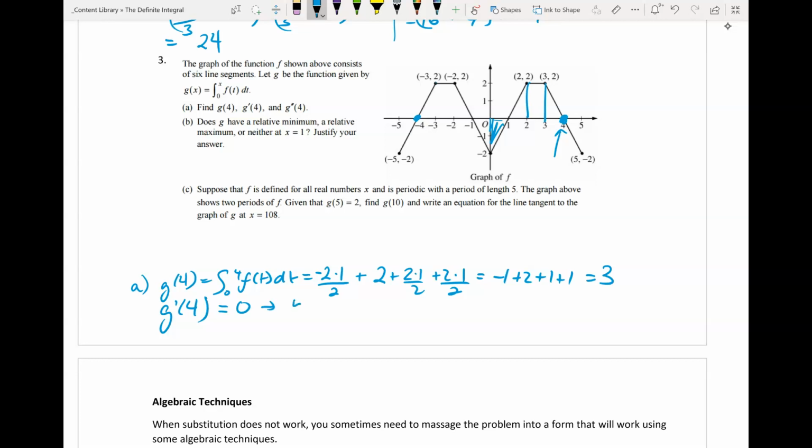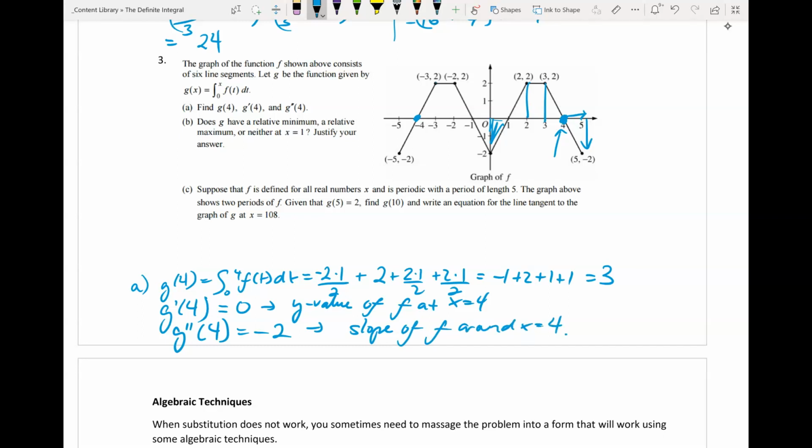To find g double prime of 4, we're going to look at the slope at that point. So if we take a look at our slope here, it looks like we go over 1, down 2, which means we have a slope of negative 2. So this is the slope of f around x equals 4.